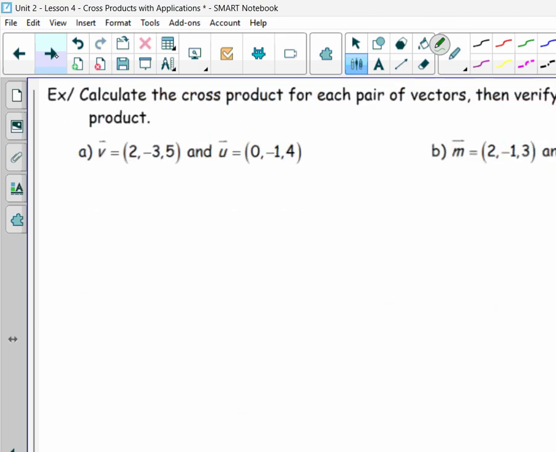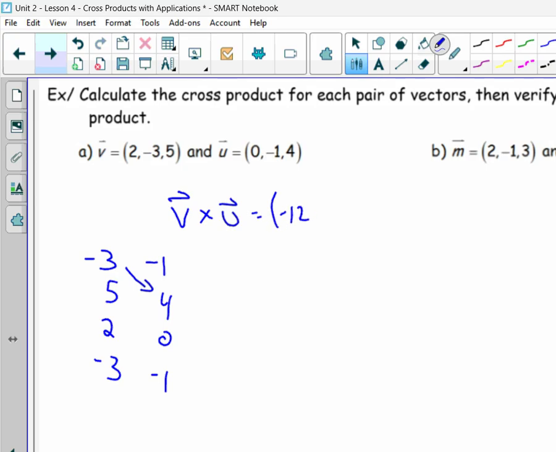Okay, I'm going to get you guys to try. So pause this as necessary. You might need me to go through the first one again with you, but then try the second one yourself. Okay, we're going to try and do V cross U. So Y component, Z, X, back to Y. -1, 4, 0, -1. We're going to crisscross.